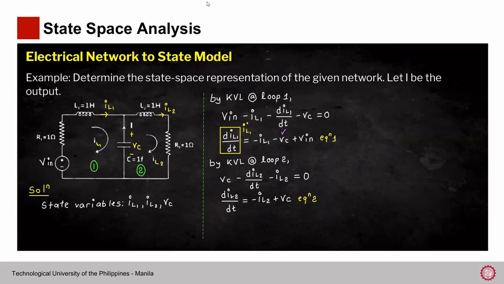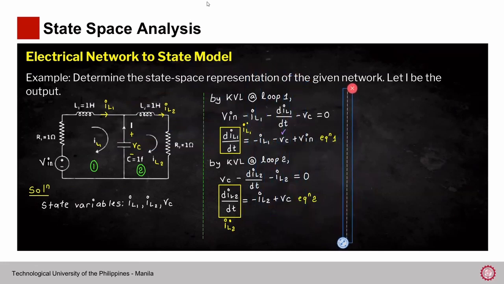And we also have the derivative of the second state variable, IL2 dot. So okay na yung dalawa, right? So ano na lang kulang, guys? So we need the derivative ng third state variable which is the capacitor voltage.